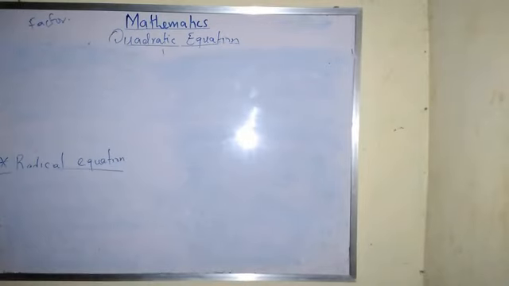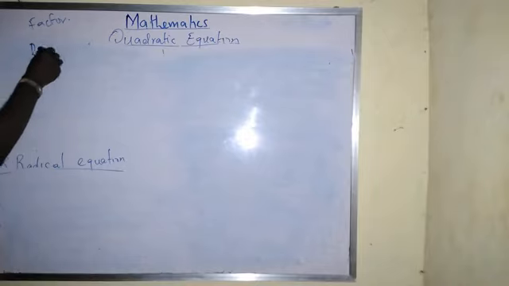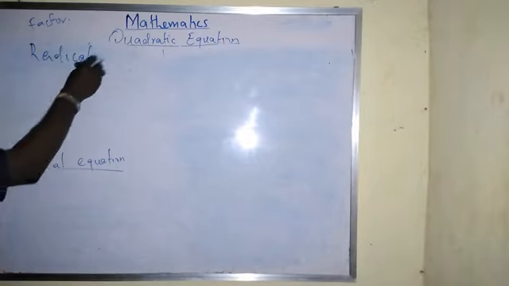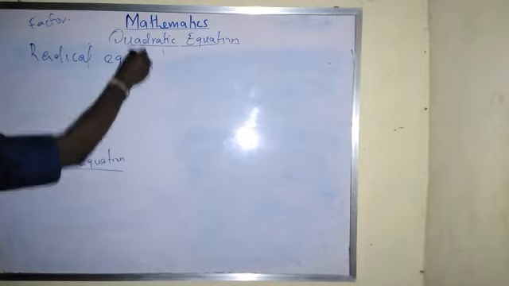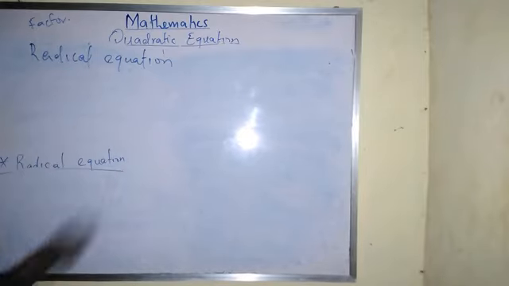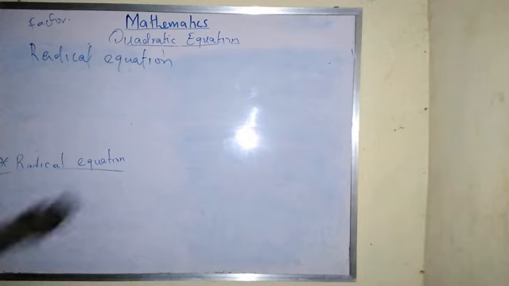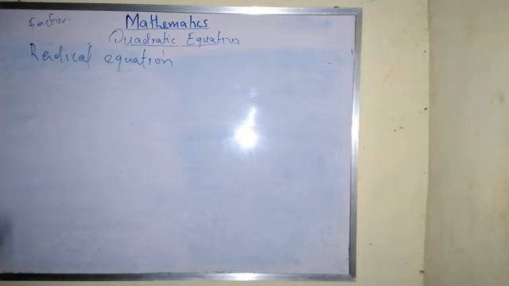The last one we'll be talking about is the radical equation. If we're talking about a radical equation, it means that equation is very hard to handle. Let me quickly give you an example. It's very common in your JAM and WAEC.